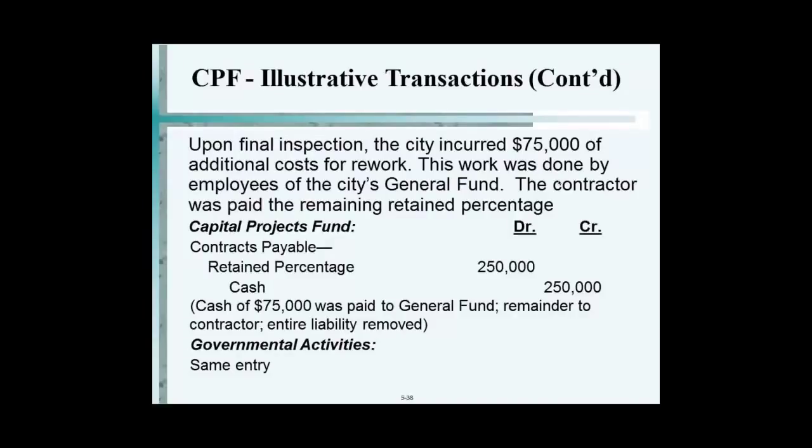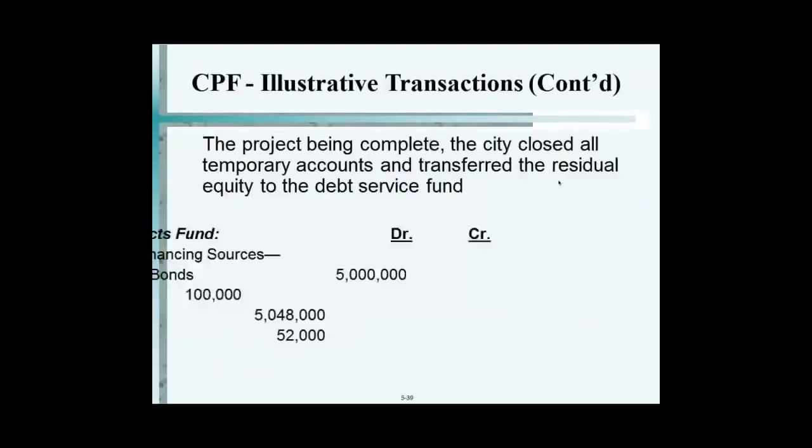It had to be more than 250 because they withheld 75,000. And notice this, the cash was paid and now the contract can be closed out.